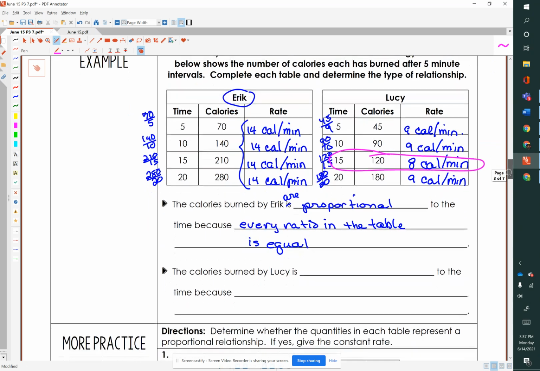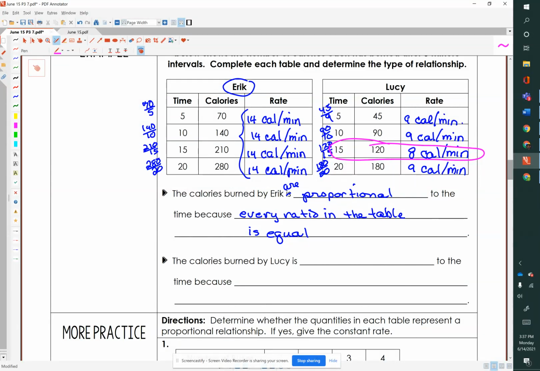So in the case of Lucy, we will say that the calories burned by Lucy are non-proportional to the time because the ratio of 120 to 15 is not equal to the others.